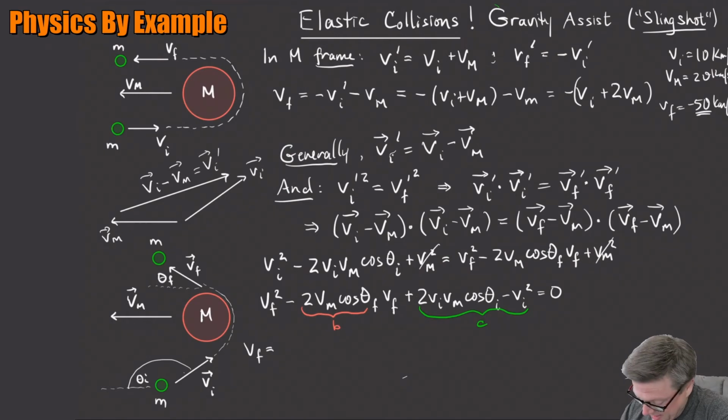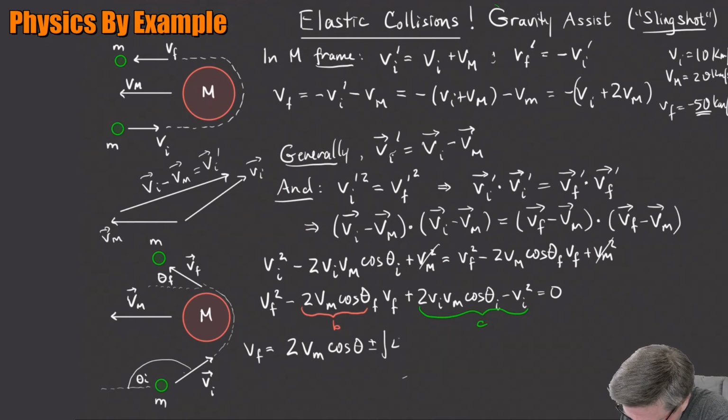It's negative b, so this is going to be 2 Vm cosine theta, and then it's plus or minus the square root of b squared, right? So this is going to be 4 Vm squared cosine squared theta final.